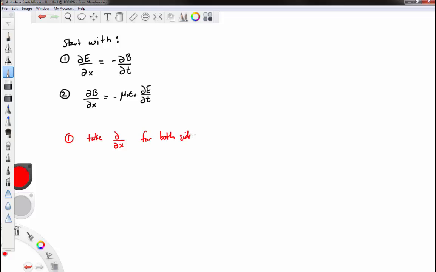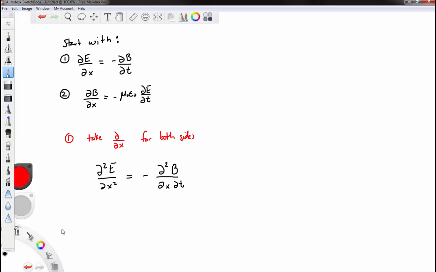And so what that ends up looking like is that we have dE by dx, we take another d by dx, and so that's d squared E by dx squared. On the other side, we're taking a derivative with respect to x, so we can write that as d squared B by dx dt. Okay, so that's our modification to equation 1.